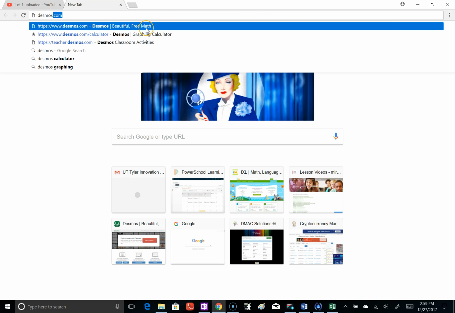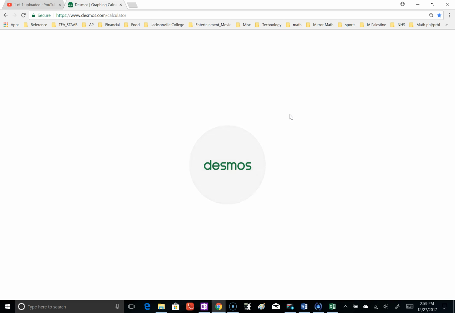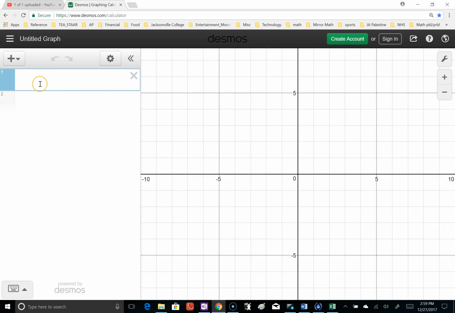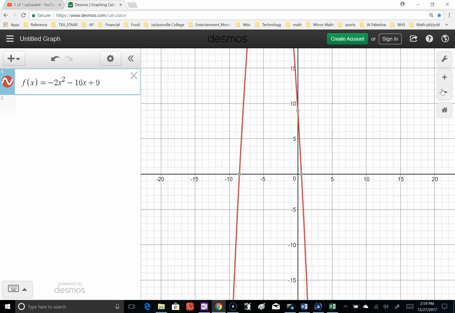This is a great free website, and it's got lots of great stuff on it, but they have a nice graphing calculator. So I'm just coming in here, and you can type in f of x or y equals exactly whatever our equation is, in this case negative 2x squared minus 16x plus 9. And there's the graph. I can zoom out a little bit so you can see it.